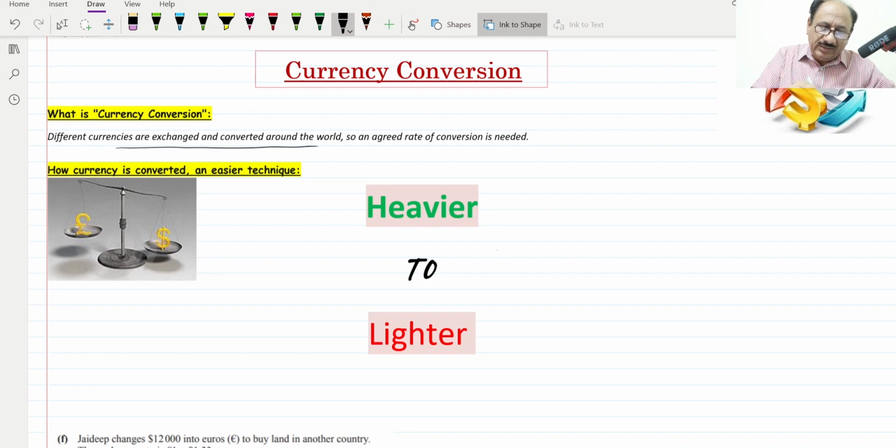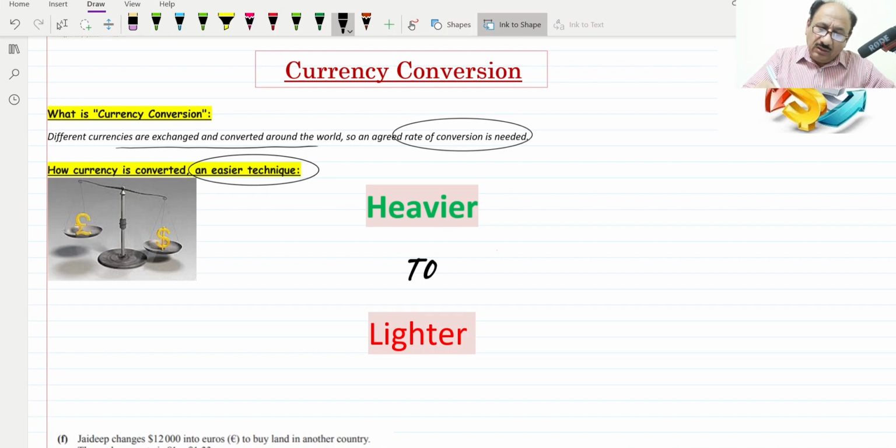So an agreed rate of conversion is needed, so that according to that we can convert, for example, dollar to pound or pound to euros or those types of things. Now, how currency is converted, this is an easier technique which I'm just going to explain to you.